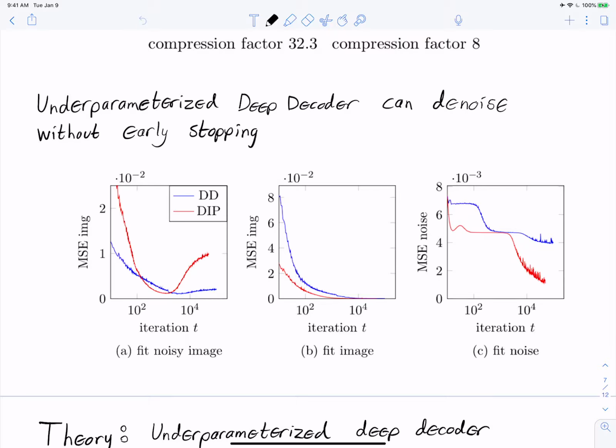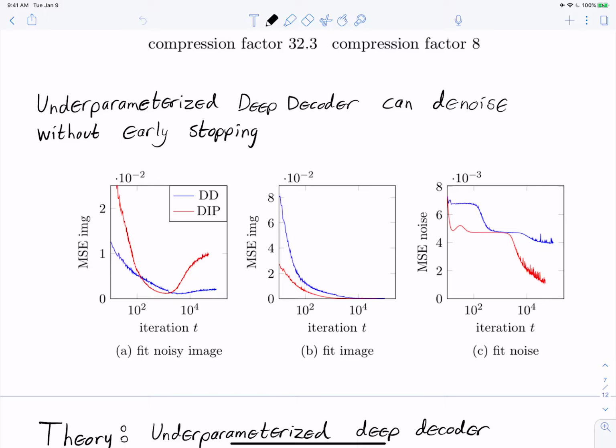And that's great because we need the signal we're wanting to represent to be in the range of these models, and indeed it is. And then the final plot shows for a case of just pure noise what happens versus iteration count.